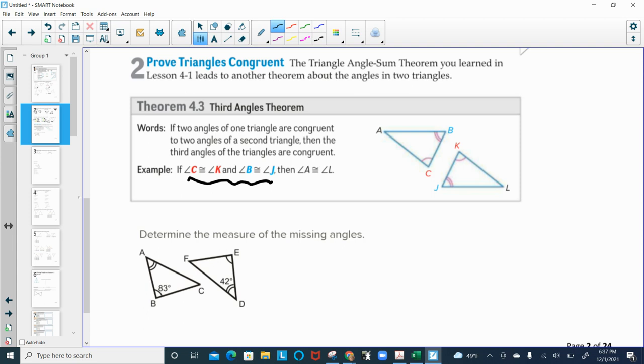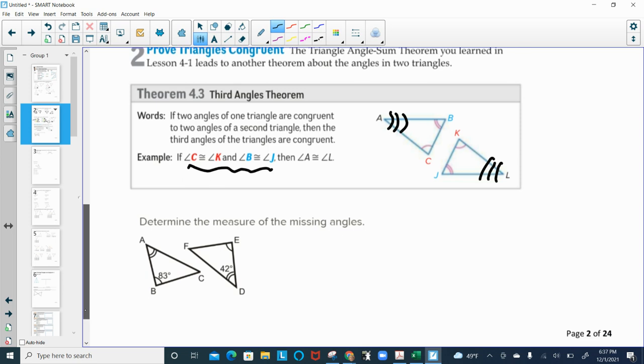Because the triangles add up to 180 degrees, we know that these remaining angles, A and L, are also going to be congruent. And this is called the third angles theorem. This basically says if you know that 2 of the 3 angles are the same in 2 triangles, then the third ones will also be the same.